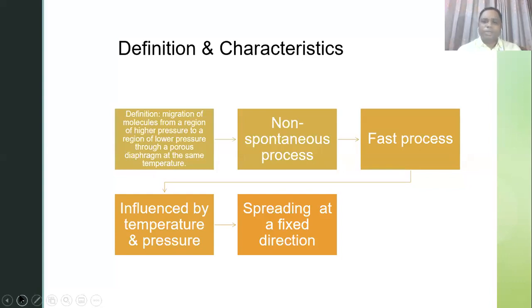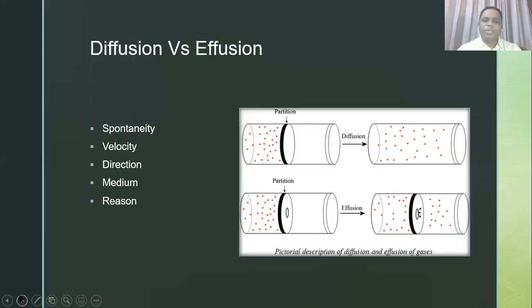You need to apply pressure, and then molecules will move through a porous plug from a region of higher pressure into a region of lower pressure. But it is a faster process. Like diffusion, it can be influenced by temperature and pressure. Unlike diffusion, it is spreading in a fixed direction, because we know that diffusion takes place in all directions.